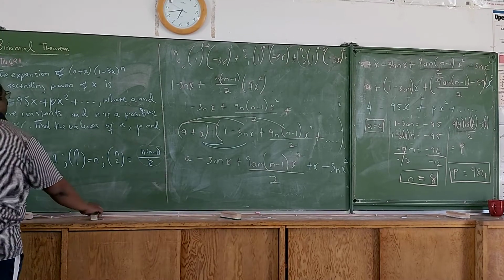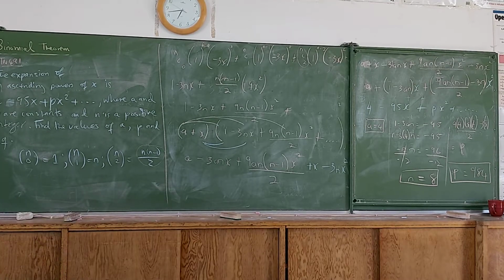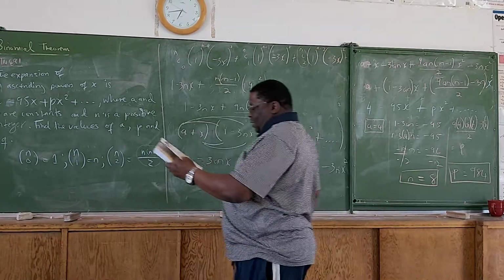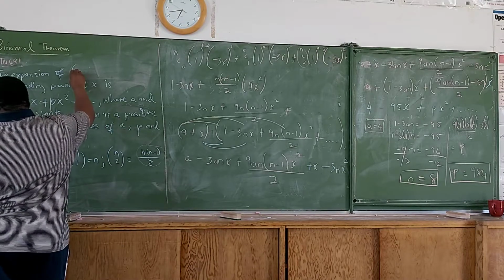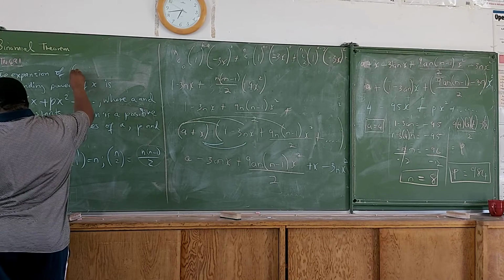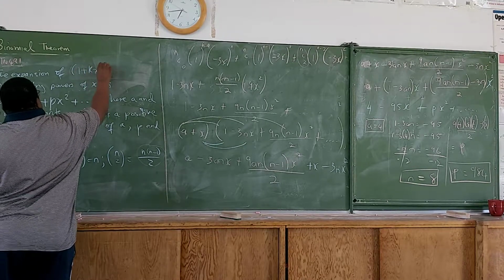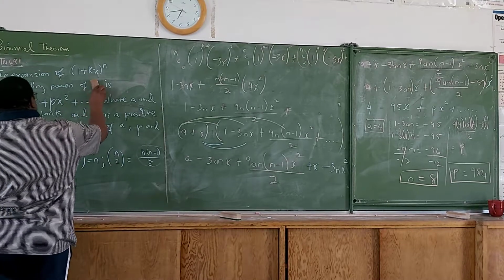Time will go around the room. I'm going to write the other question down. That one should also not be a problem for you. But this one is easy because it doesn't have two binomials. 1 plus kx raised to the power n, in ascending powers of x.